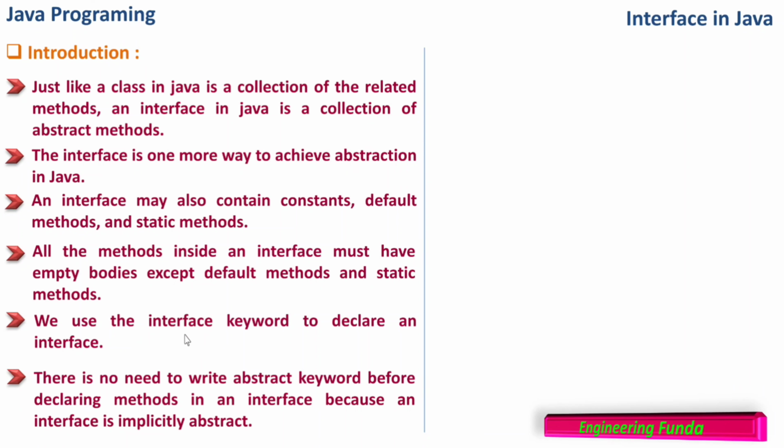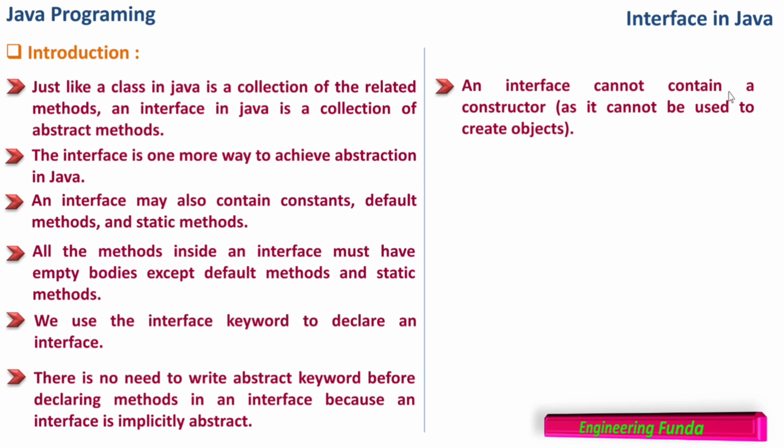But for an interface, we don't have to write anything, because interface is implicitly abstract. It is expected by the compiler that you don't have anything in the interface. Whichever class implements the interface will write the body of the methods, except for these two types of methods, which are default and static.